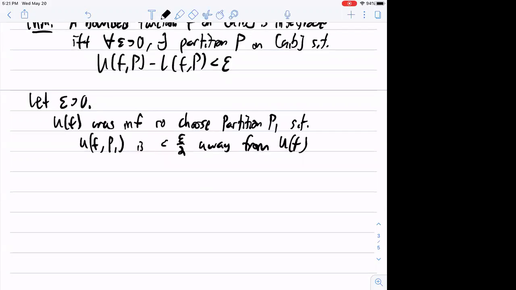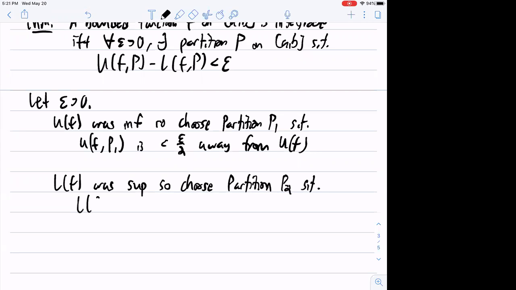Yeah. And then L of f was a supremum, right? So choose a partition, it need not be the same partition, right? The ones that are close. So choose a partition P2 such that L of f, P2 is less than epsilon over 2 away from L of f, right?